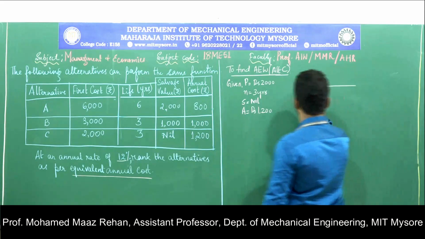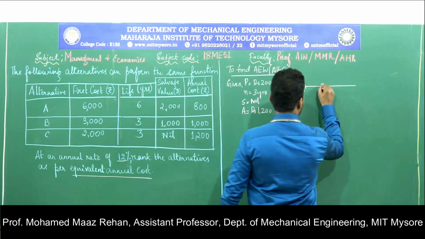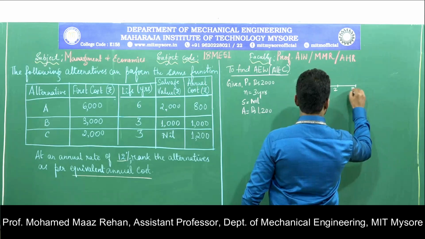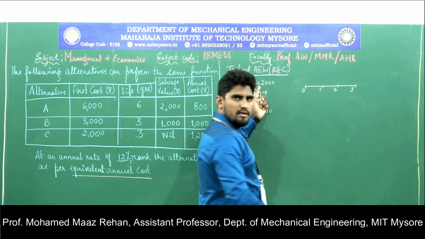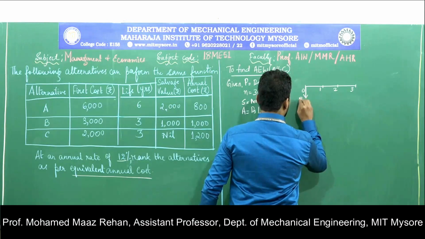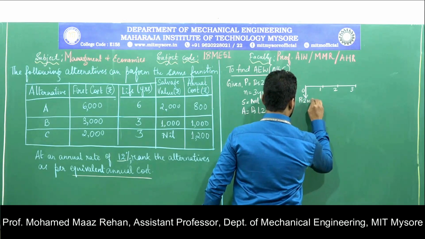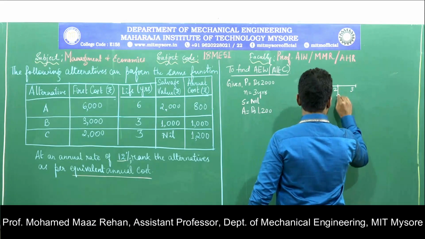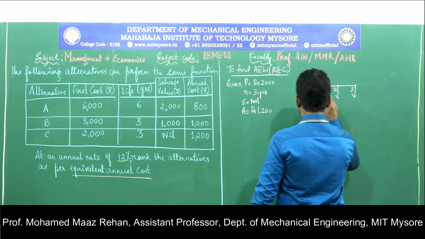Next we shall draw the CFD: 0, 1, 2 and 3. First cost they have given as 2000, that is P, 2000. Annual cost they have given as 1200.